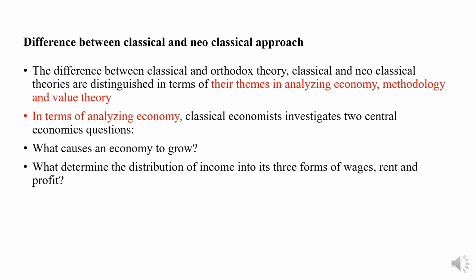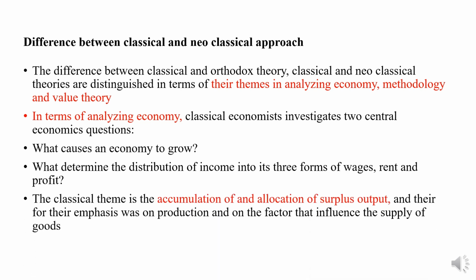And the second, what determines the distribution of income into its three forms of wages, rent, and profit? So the classical theme is the accumulation and allocation of surplus output, and therefore their emphasis was on production and on the factors that influence the supply of goods.